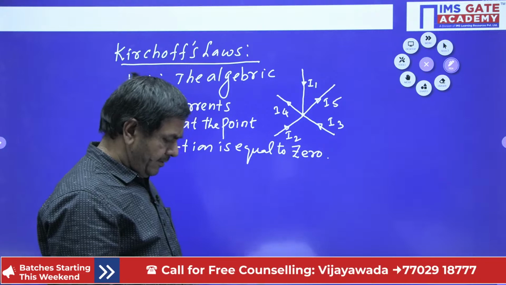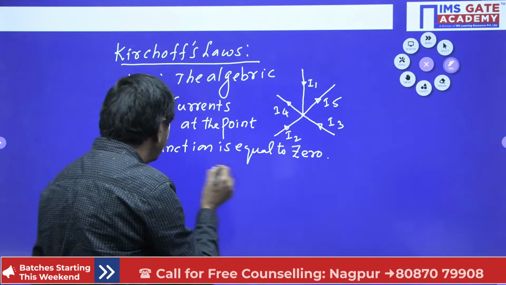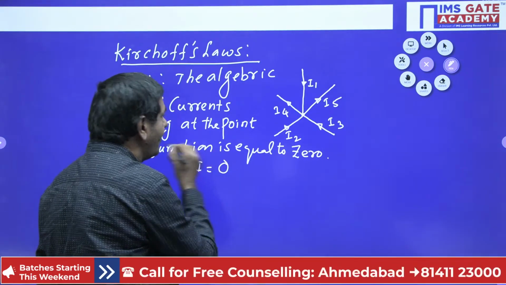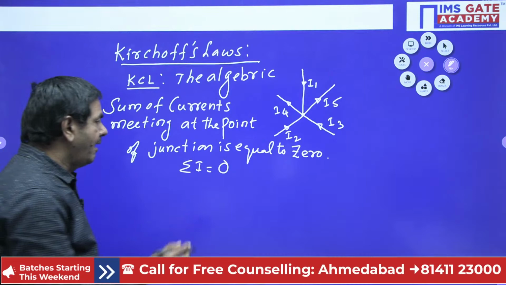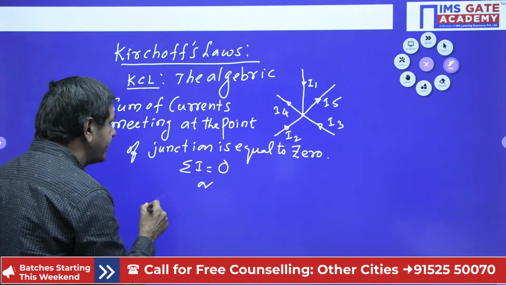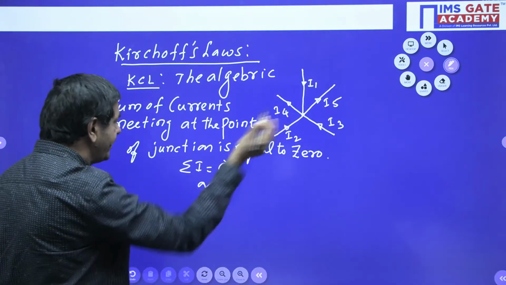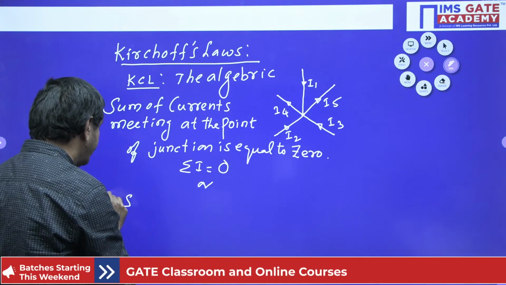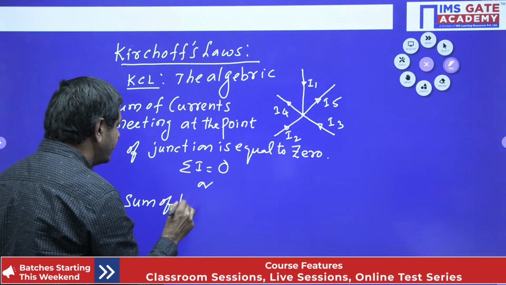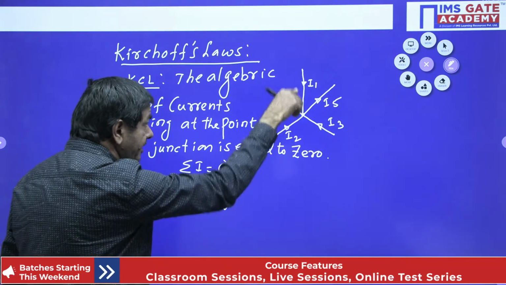But the point you have to understand here: we can write sigma I equal to 0. Summation of all the currents is 0. Or we can say sum of the entering currents equals sum of the leaving currents. Entering means entering towards the node.